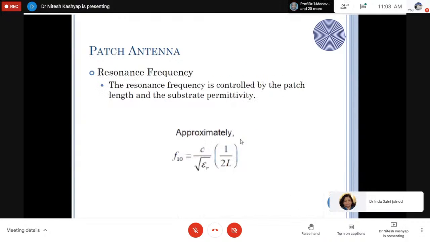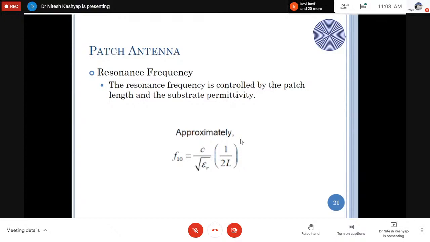The resonance frequency of this microstrip antenna is related to the length of the antenna basically, and it is not related to the width of the antenna. Majorly it is related to the length of the antenna.